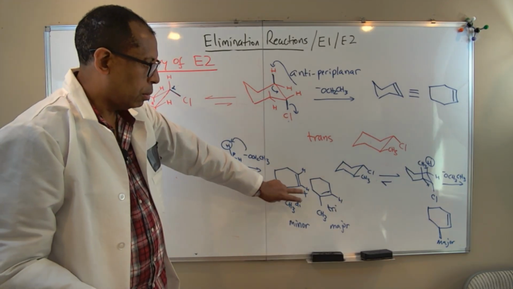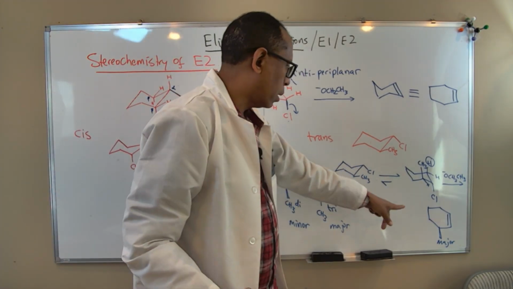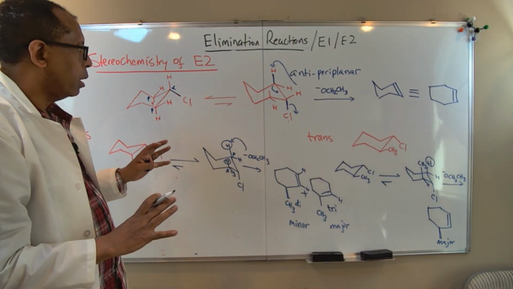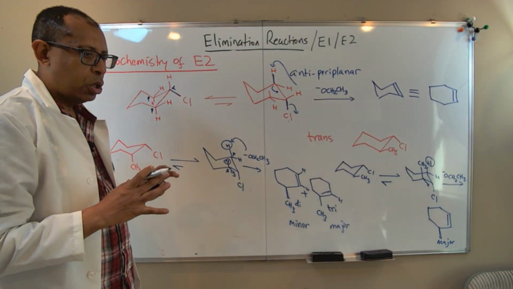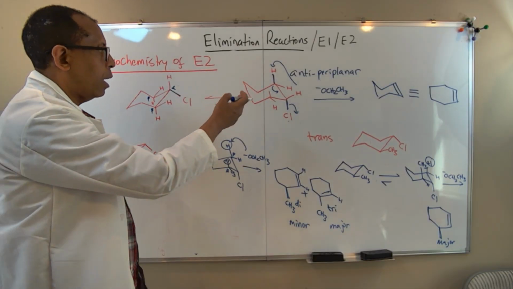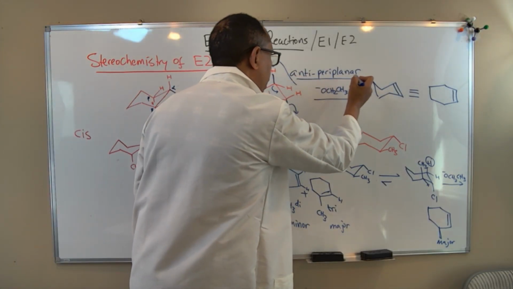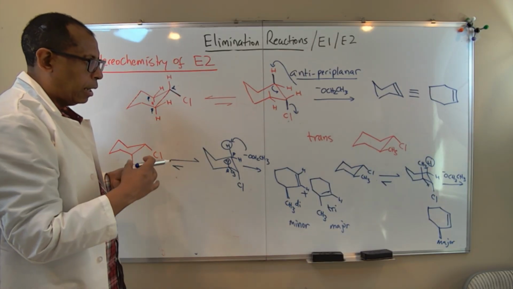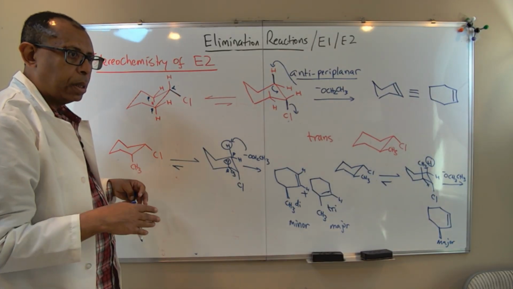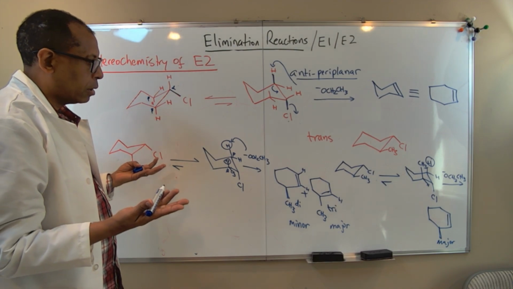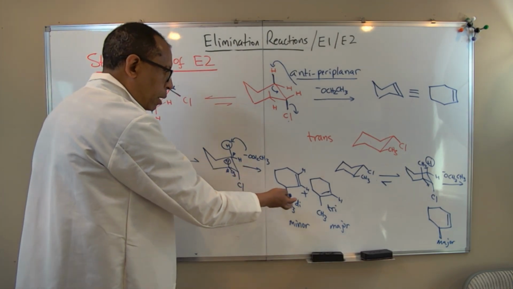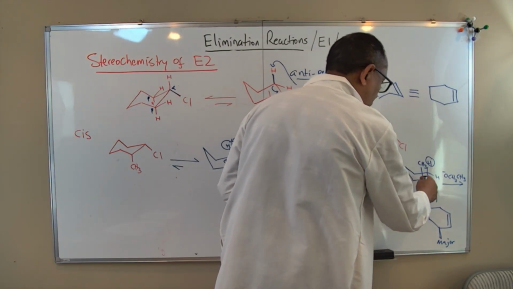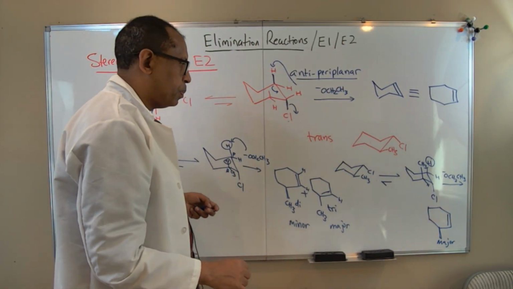This gives two, but the trans one gives you one. So based on where things are and how the conformations are possible to give you the antiperiplanar arrangement, the alkene that you'd get would be various types. So here we have major and minor product. Here is just one product, which is major, because you don't have another one.